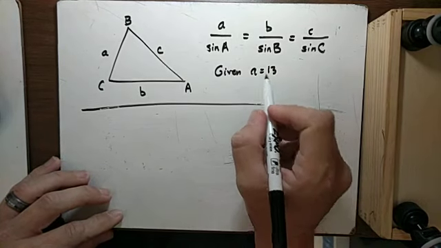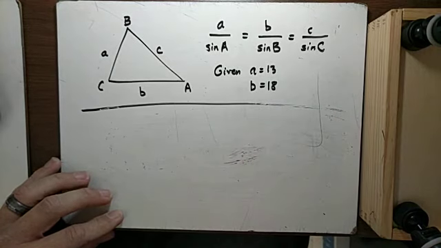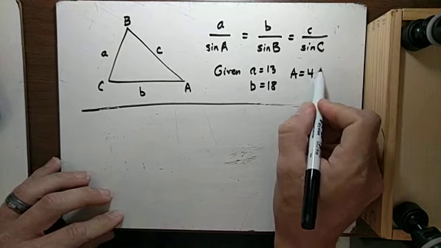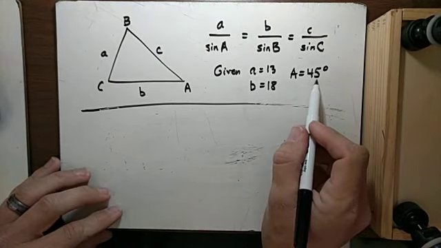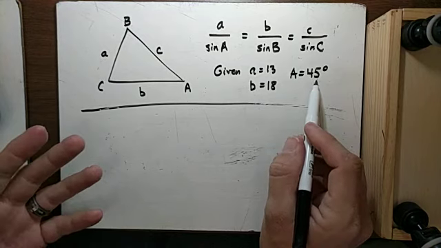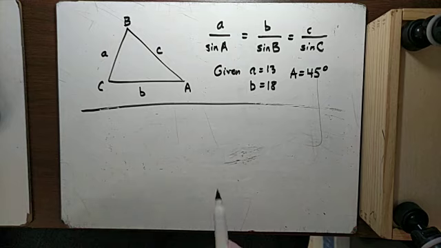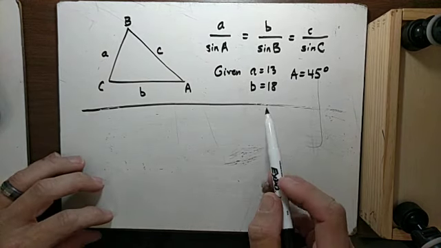Let's say little b is 18. And angle A is 45 degrees. Now, being that the angle is 45 degrees, we know the sine of 45 degrees from the unit circle. It's square root 2 divided by 2. But for the purpose of this exercise, I'm still going to use a calculator, okay?